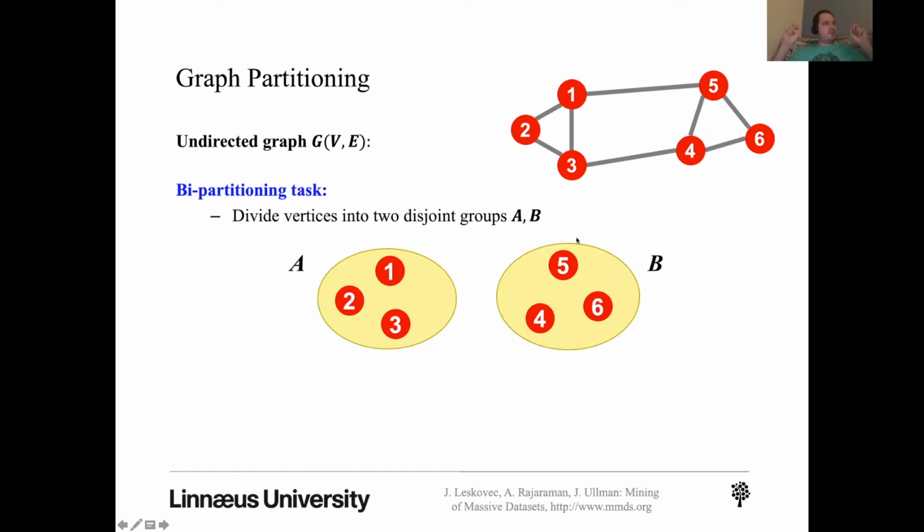There's this idea of a cut, of cutting the graph, right? And the cut in this case would be basically a line over here that would simply cut the graph into group A, let's say community A and community B, right? So the bipartitioning task: divide vertices into two disjoint groups A and B. That's the goal of the algorithm, to just go straight to that.